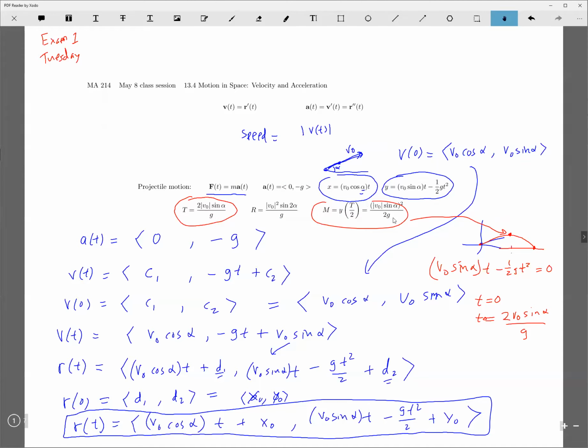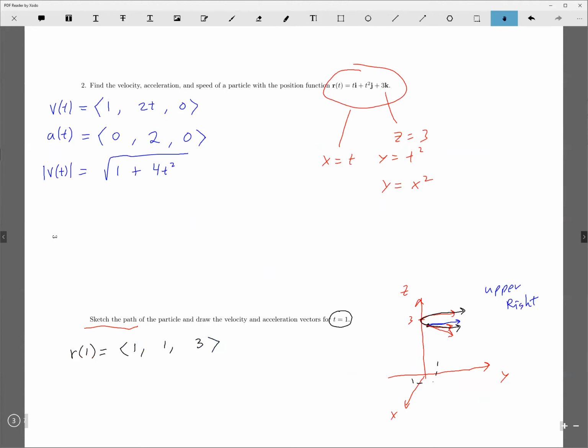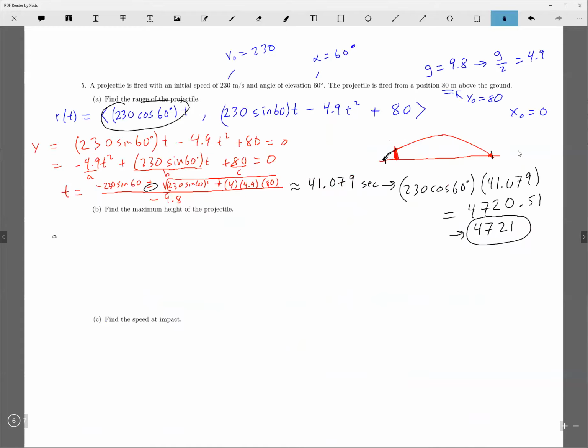Definitely use that, because of the way that this is calculated. Let me show you why that works.